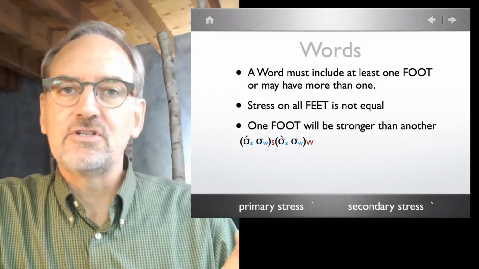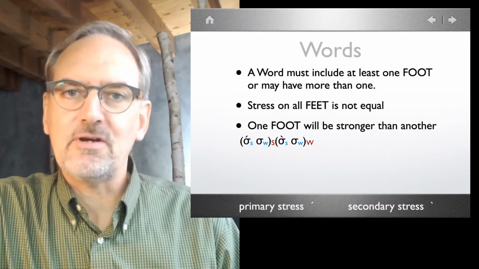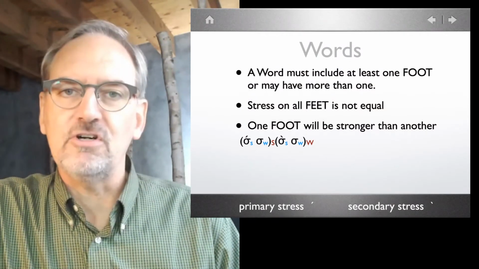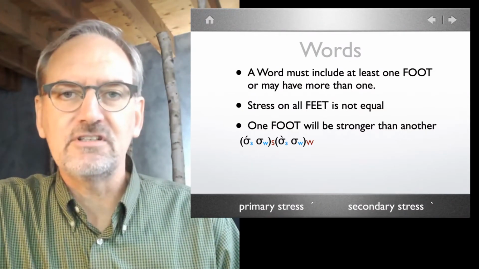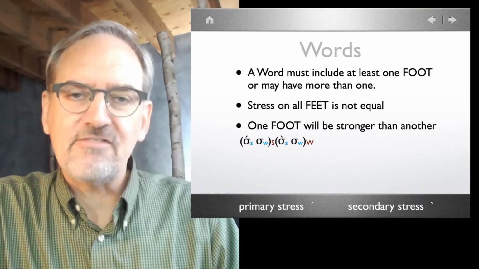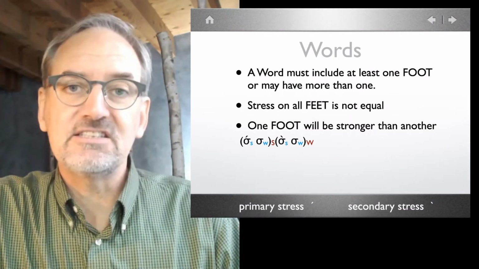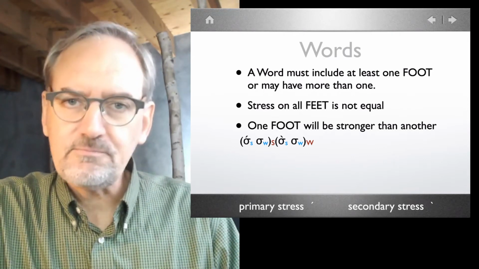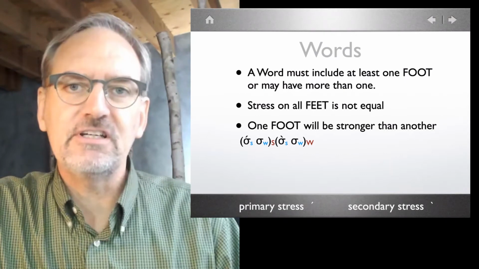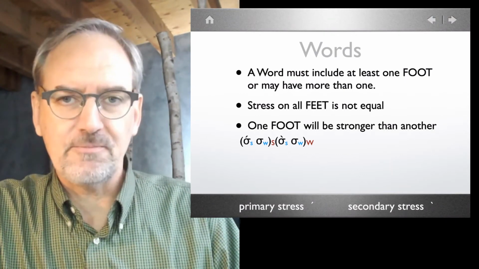Now we could have 2 bisyllabic feet in which the first foot is the strong foot and the second foot is the weak foot. So this little red S you see after the first foot indicates it's the strong foot. And the red W after the second foot indicates it's the weak foot.